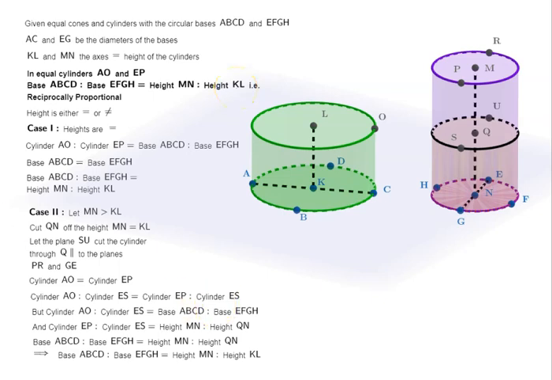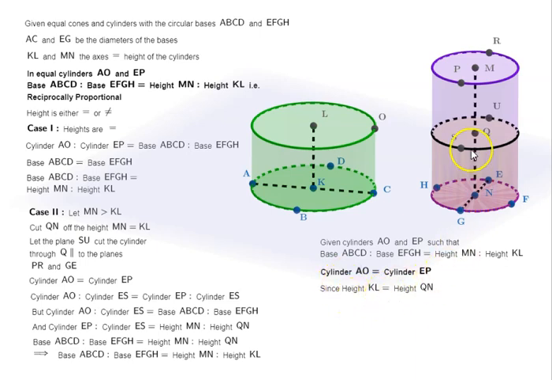Now, the proposition also says that given cylinders AO and EP such that the bases are reciprocally proportional to the heights, then cylinder AO is equal to cylinder EP. So we are given that the bases are reciprocally proportional to the heights. Height KL is equal to height QN.